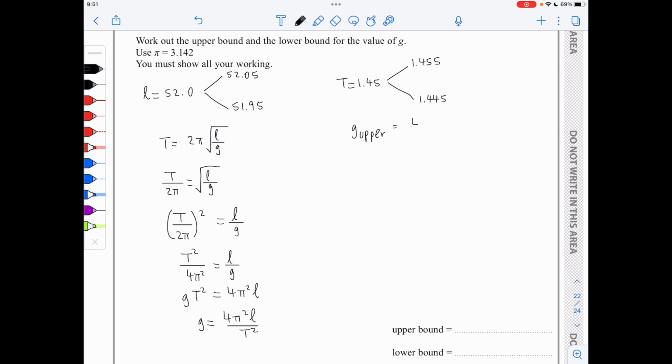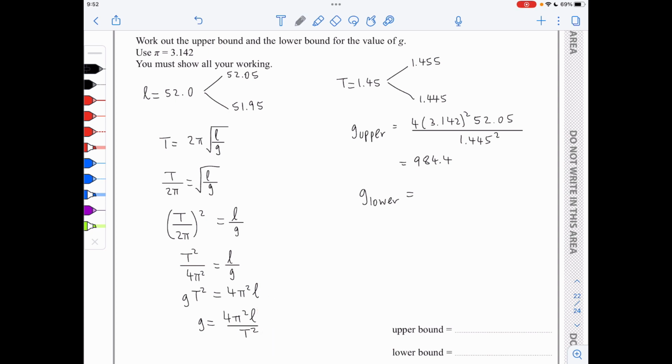So it's going to be 4 times 3.142 squared times 52.05 over 1.445 squared, which gives an answer of 984.4. And for the lower value of G, the lower bound, I will make L as small as possible and T as big as possible.